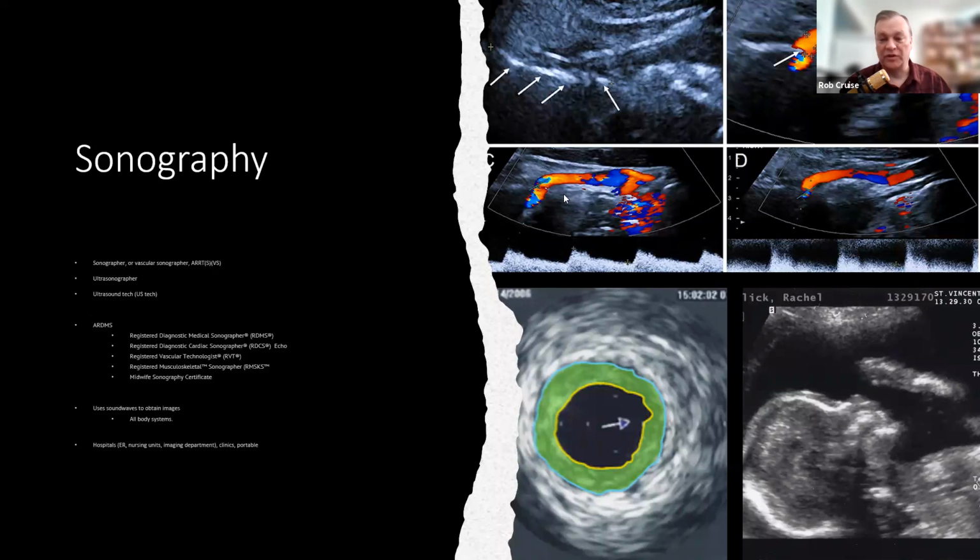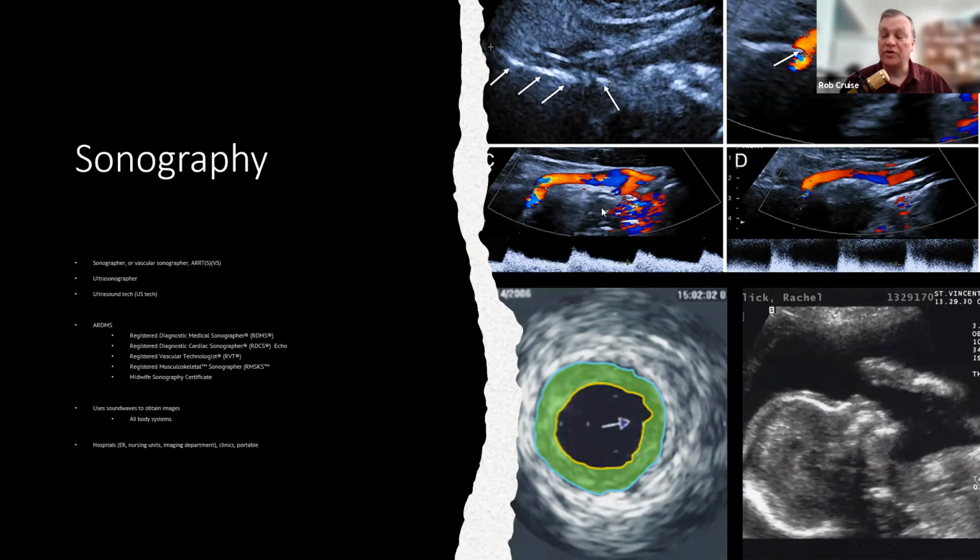For example, this is a color Doppler image. You can tell by whether the sound waves are bouncing back at you at a different rate if the vessel is moving toward you or away from you. So you can see if it's a vein or an artery, depending on the color coding of the image.